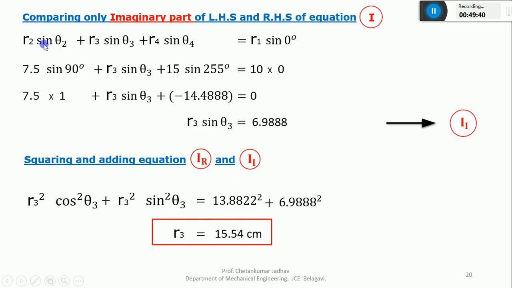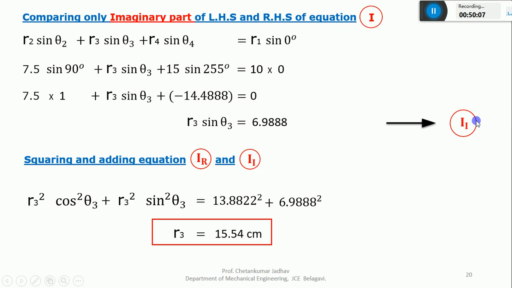So you can see the cos has been replaced with sin. The remaining is as it is: R2 is same, theta 2 is same, R3 is same, theta 3 is same. After simplifying this one, we'll get one more answer, that is R3 sin theta 3 as 6.9888. Since we got this by comparing the imaginary part of the first equation, I can write II as the first equation with the suffix i.